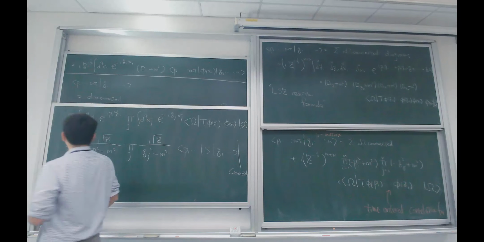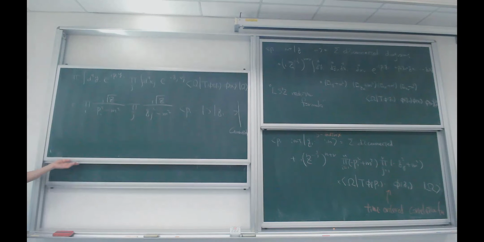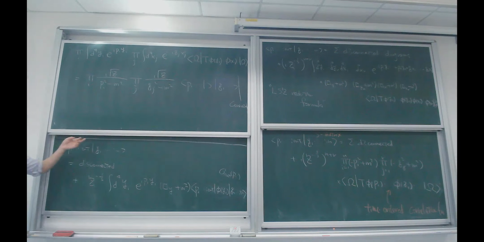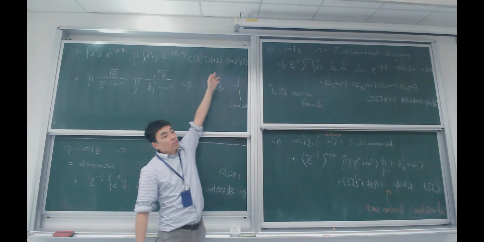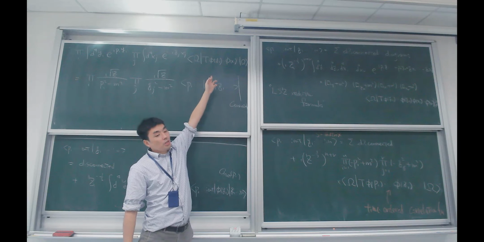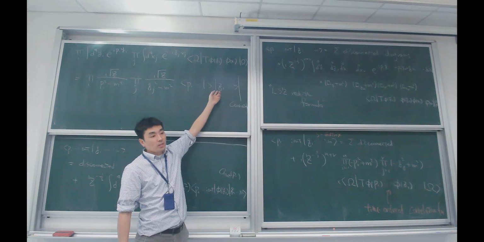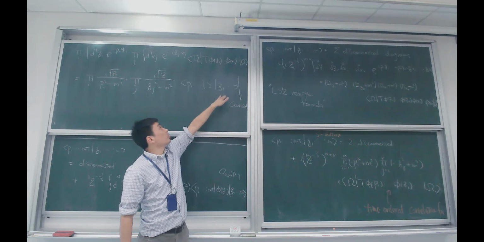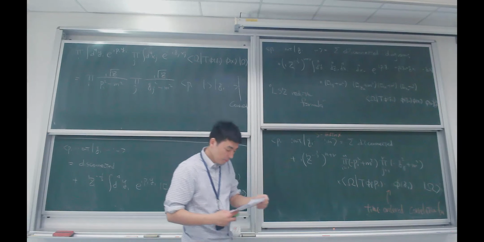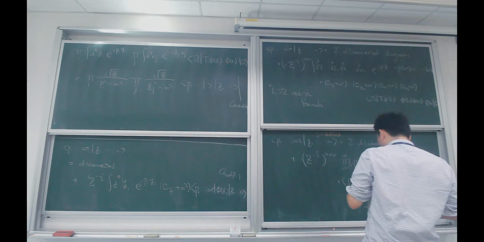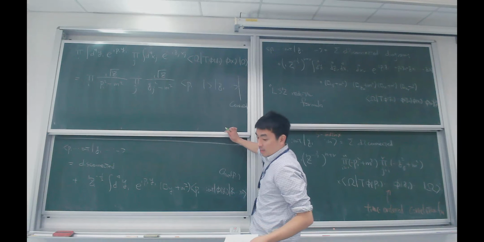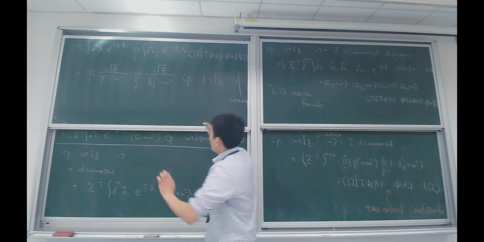So this is another way to see the time order correlation function: the inverse Fourier transformation of the time order correlation function is this S matrix element between Q1 and P1. Okay, so this is another way to see the LSZ reduction formula.